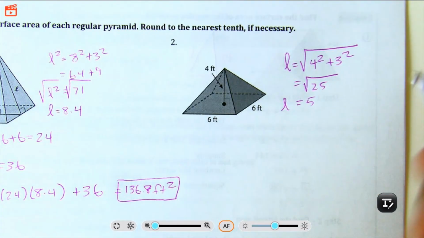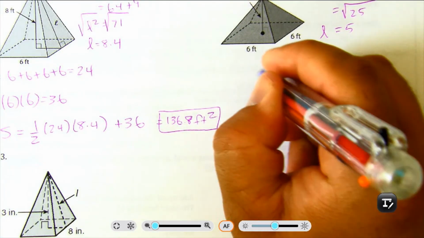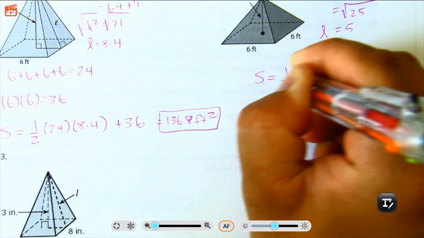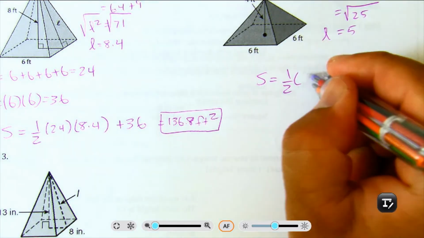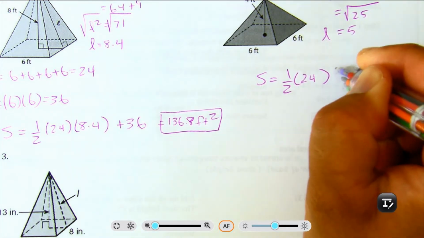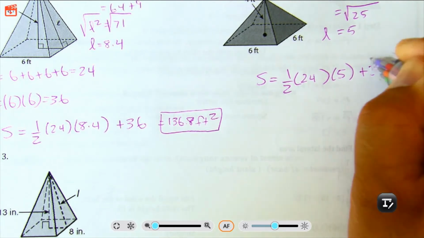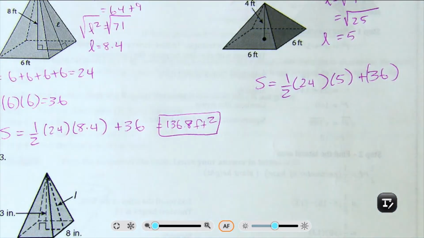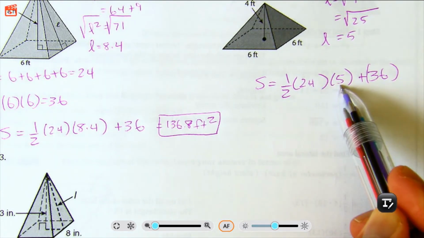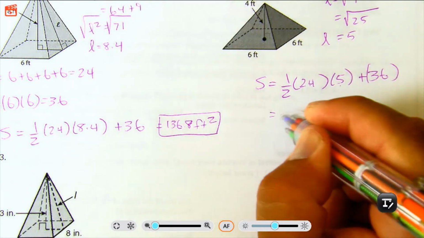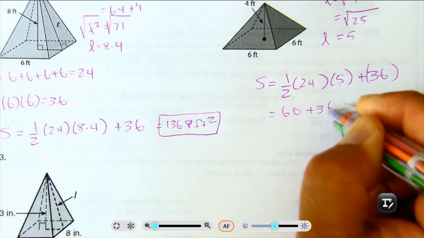So my formula, the surface area is equal to 1/2 the perimeter, which is 24, times 5, the slant height, plus the area of the base, which is 36. Now, half of 24 is 12, and 12 times 5 is 60, plus 36 ends up being 96.